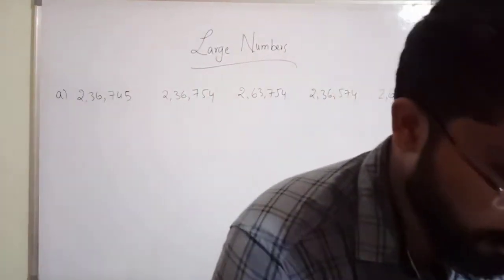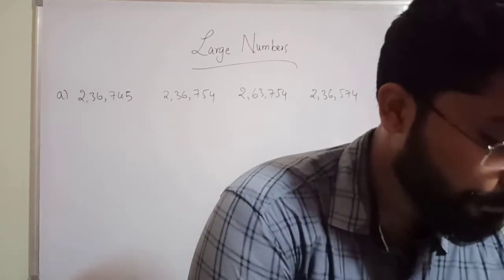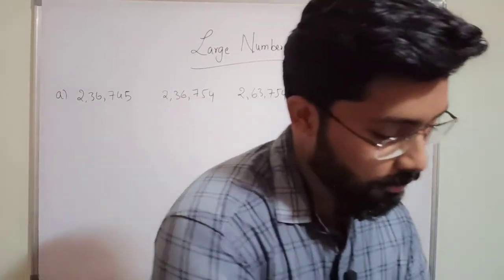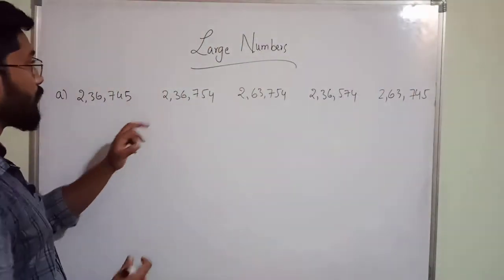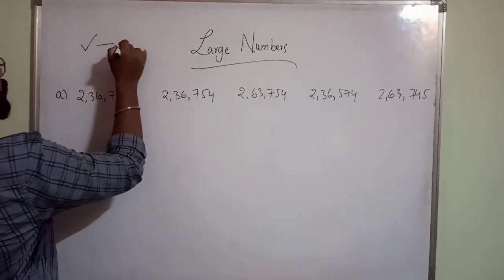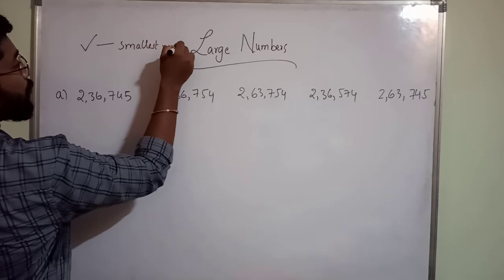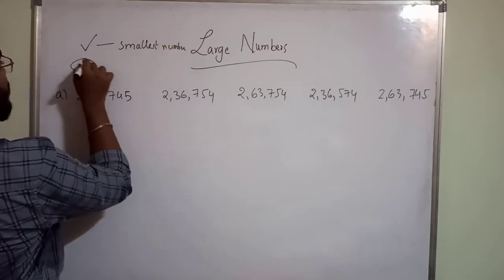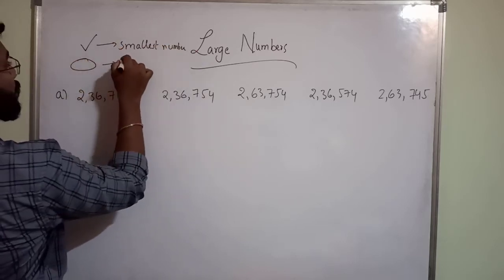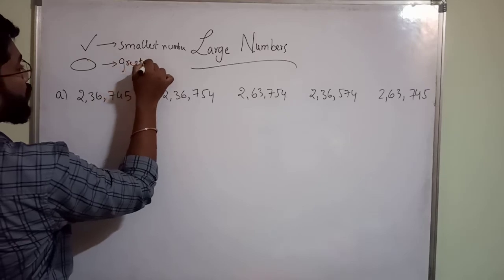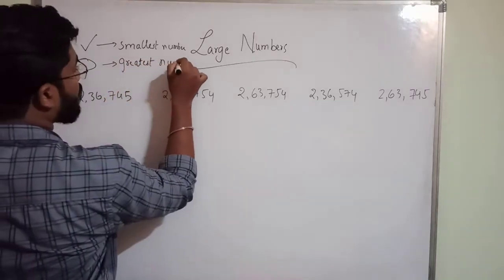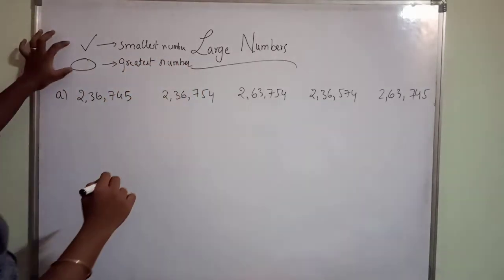Okay. So what you have to do? You have to tick the smallest number. Circle for greatest number. Remember this. Okay.